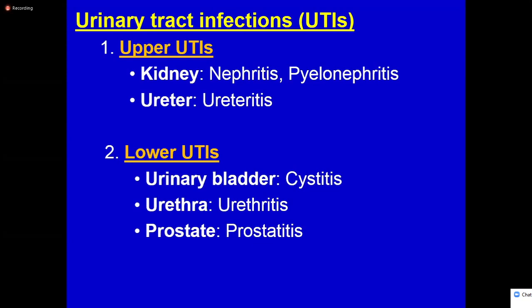Ureter, ureteritis. Lower UTI is regarding the urinary bladder, urethra, and the prostate. Urinary bladder, we call the inflammation or infection of the urinary bladder cystitis. Urethra, urethritis. Prostate, prostatitis. So, very simple.